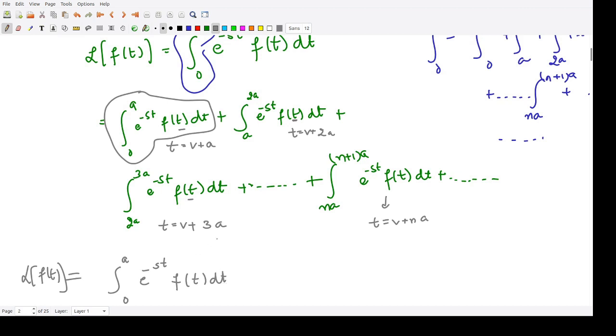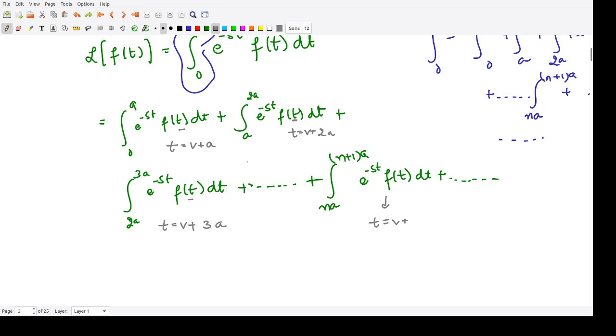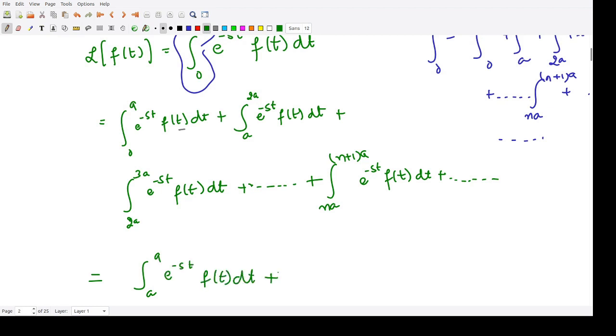Here we will substitute t is equal to v plus a into the second expression, not in the first expression. So the first term would be integration from 0 to a e to the power minus st f of t dt, as such, and then in place of t we will write v plus a.